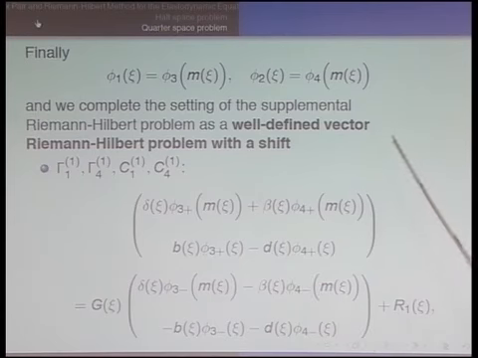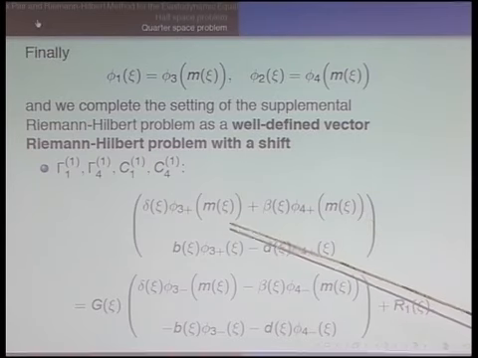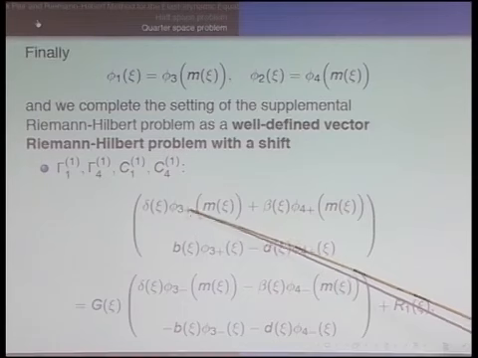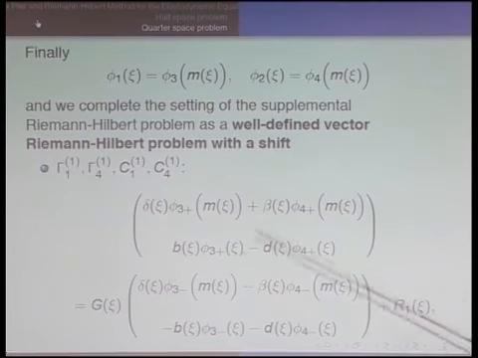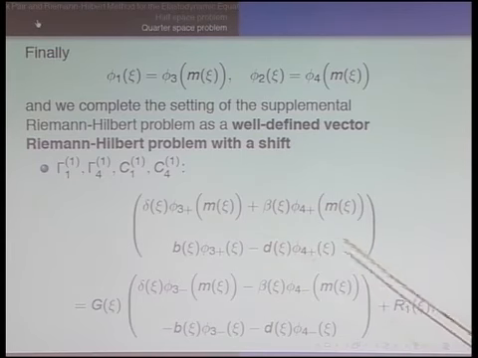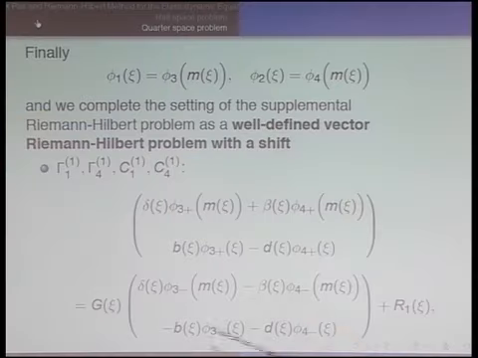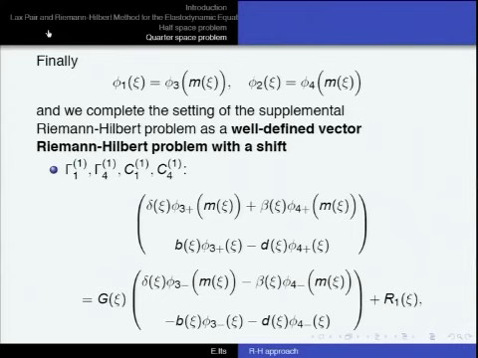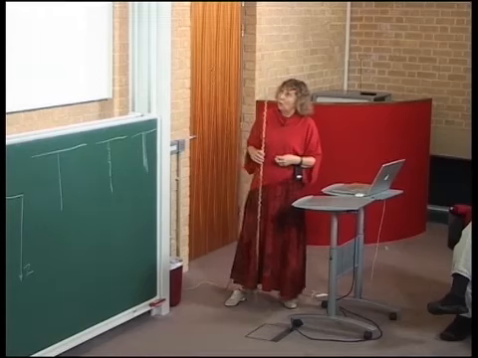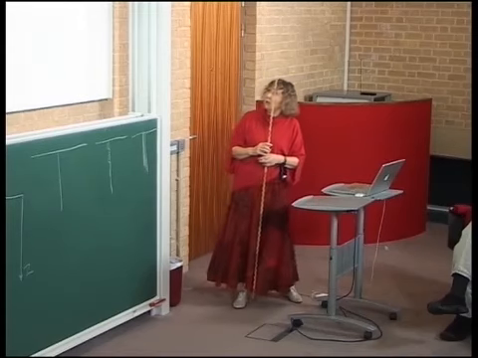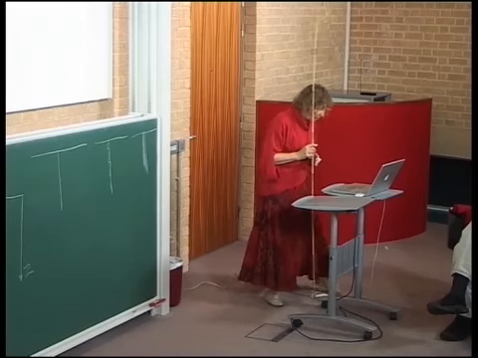It is a well-defined vector Riemann-Hilbert problem with a shift. We achieved that goal. Now we have only phi 3 and phi 4 as unknown functions. And now we are working on factoring this vector Riemann-Hilbert problem, and I hope in the future we will be able to present you the results.